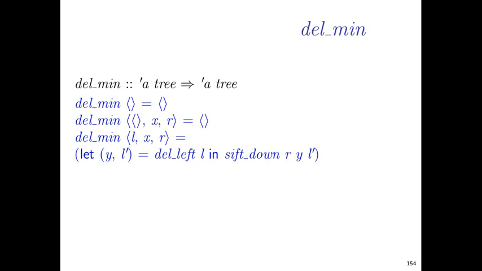Okay. But maybe what you could do is, because do we need delete left? If we would have implemented delete min so that it returns a pair, then we could get rid of the delete left function because we always delete in the left subtree. Yeah, but it does not. That's the question whether it's... So let's go for this delete left sift down. Perhaps there are some variations. Yeah.